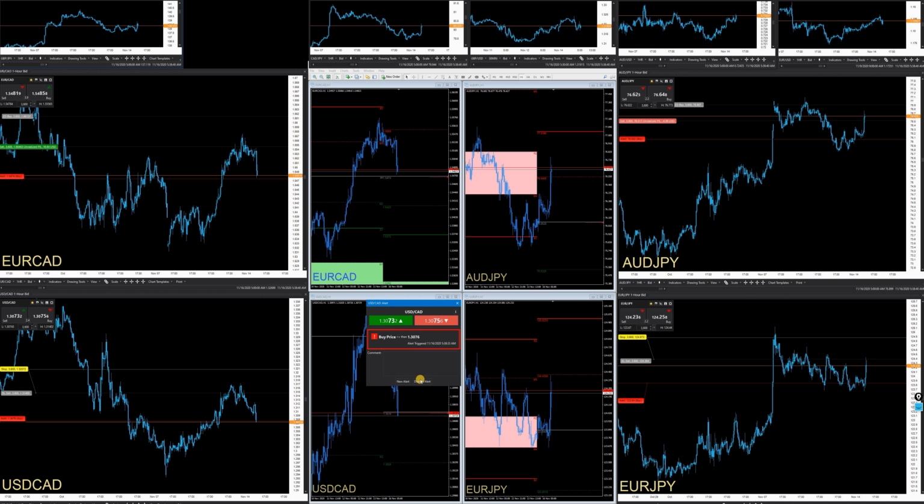USD CAD is dropping below central pivot. So let's go ahead and remove my pending order. There we go. Remove this and drop my alert on the Euro Yen at central pivot.